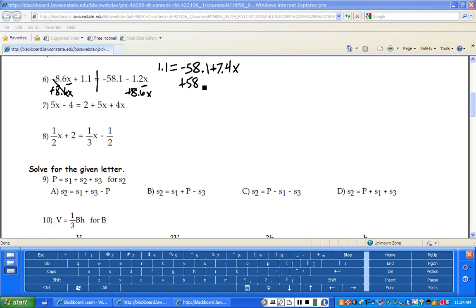So add 58.1 to both sides. Cancels here. So now I have, what is that, 59.2 equals 7.4x. So the 1.1 plus the 58.1 gives me 59.2, and the 7.4x is brought down. Okay. Divide both sides by 7.4.